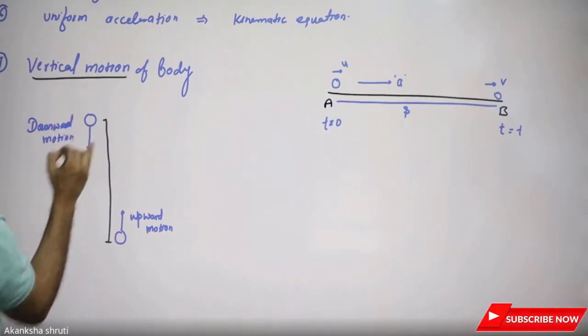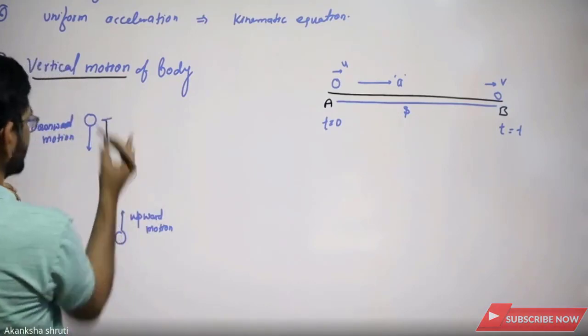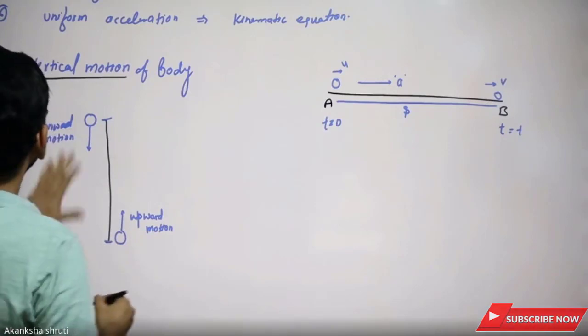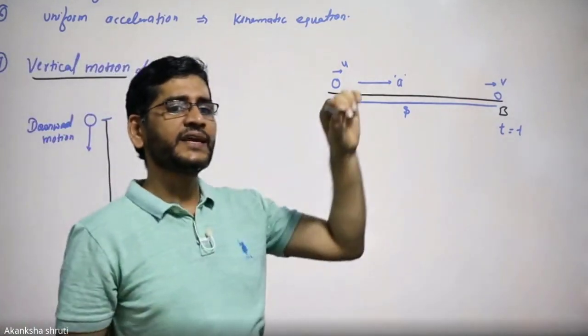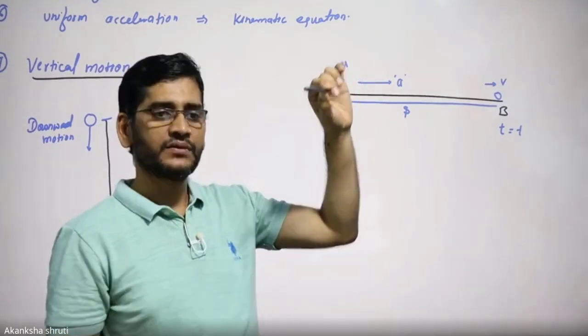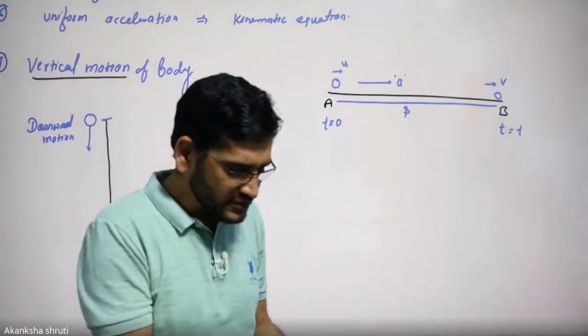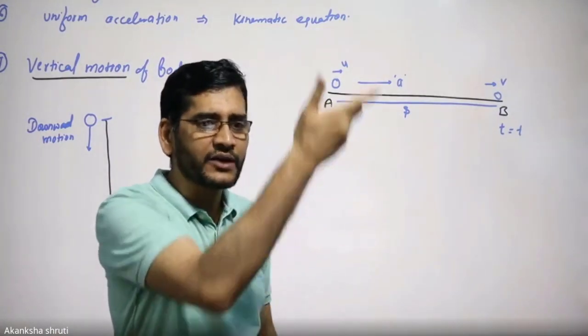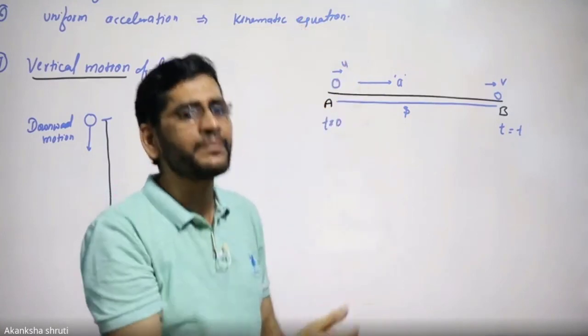Downward means the body is initially at some height and then released from that height. If you throw the ball upward, it will go to the top, the maximum height, then it will again come back to the earth.